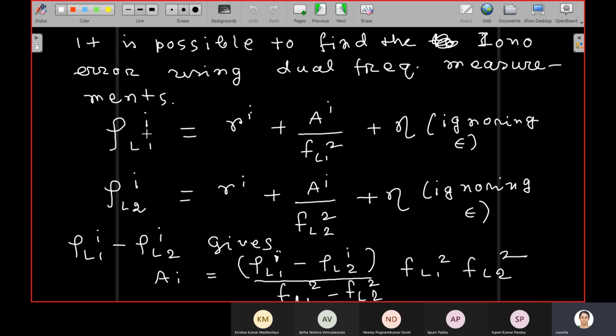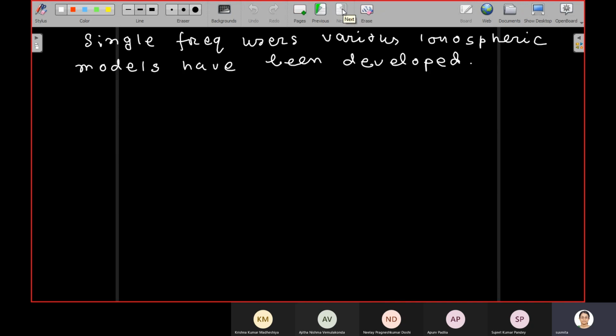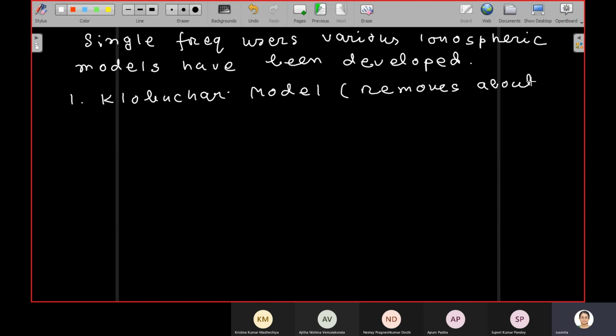Some of the models are as follows. The Klobuchar model, this was the oldest model, removes about 50% of the actual errors.